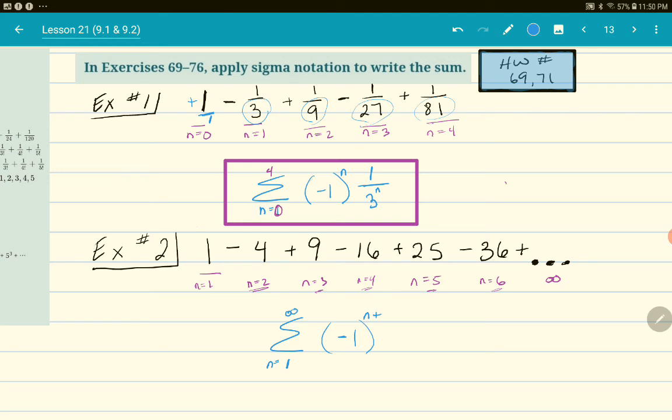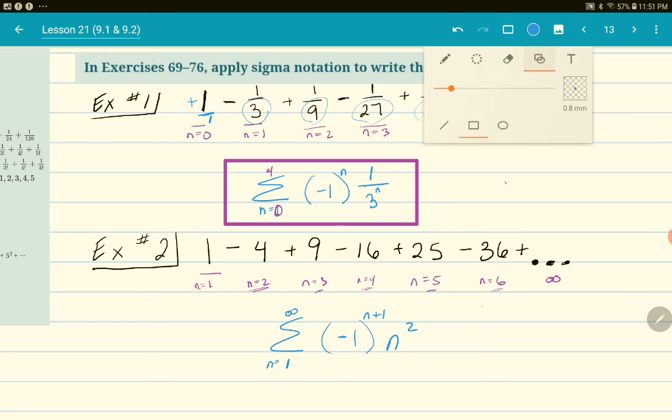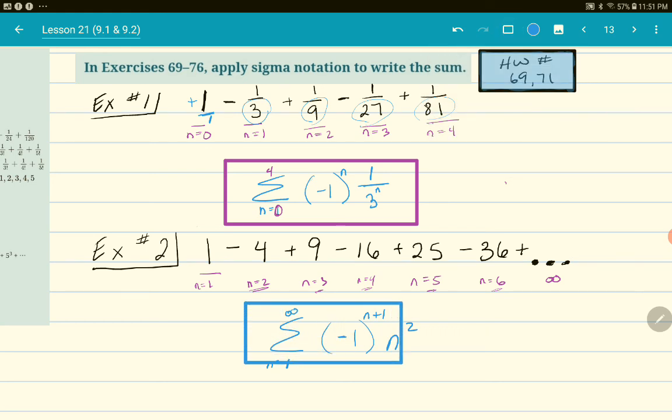So I'll do n plus 1 for my exponent on the negative 1. So now I will be alternating positive, negative, positive, negative, positive, negative. And then for the value of the number, I have n squared. So there's my series for this sequence.